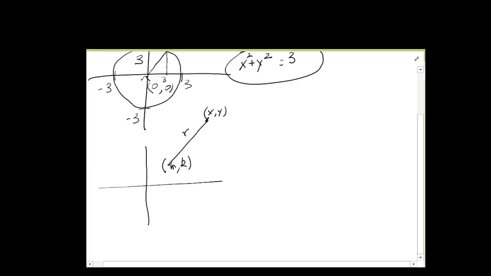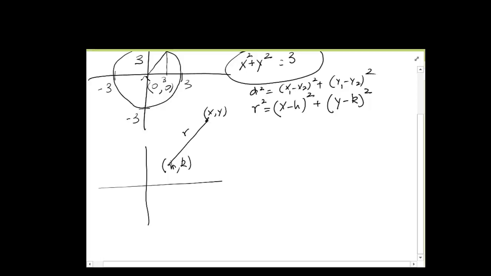If you remember your distance formula, then we can calculate the distance r this way. Just a reminder, the distance formula is d squared equals (x1 minus x2) squared plus (y1 minus y2) squared.